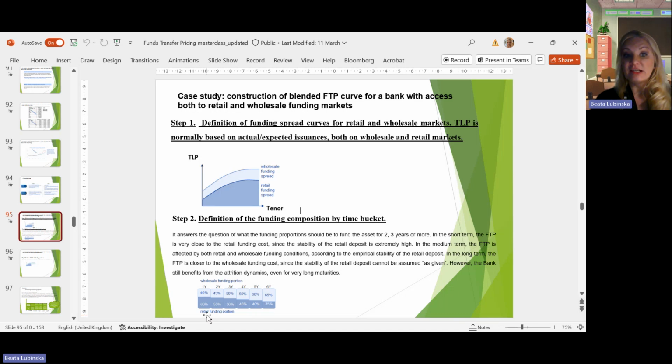In this particular 1 year case, your FTP will be equal to 60% multiplied by the cost of funding of 1 year through your retail funding portion, and 40% through your wholesale funding portion.